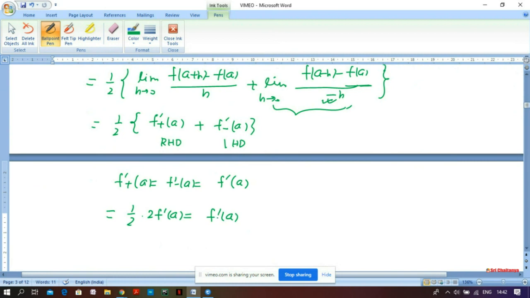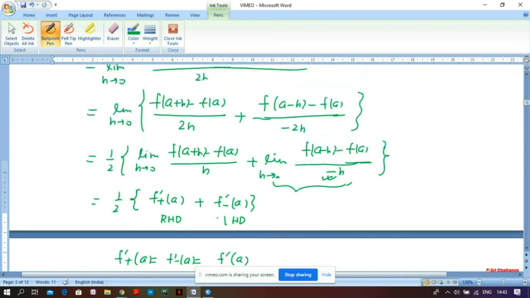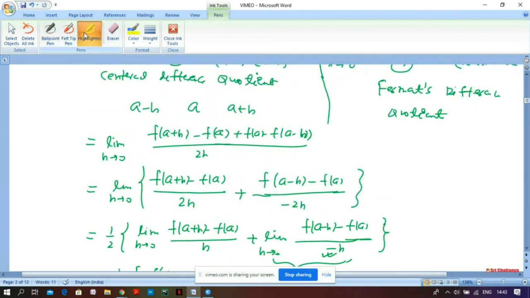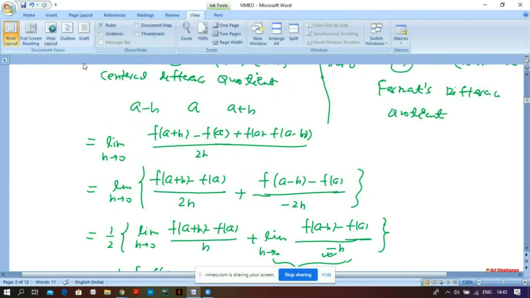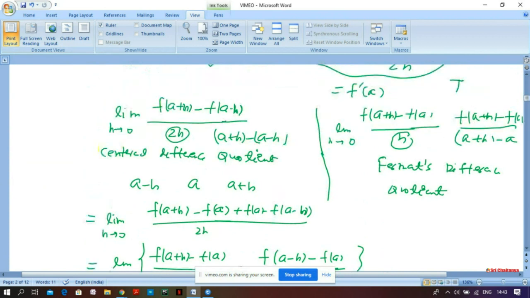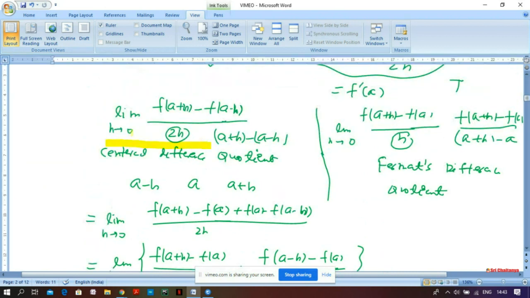Let me run through it. It's a beautiful proof, so let me run through it again for your benefit. If the limit as h tends to 0 of f of a plus h minus f of a minus h over 2h, that is, the limit of the centered difference quotient, exists, it does not mean that it is equal to f prime a.